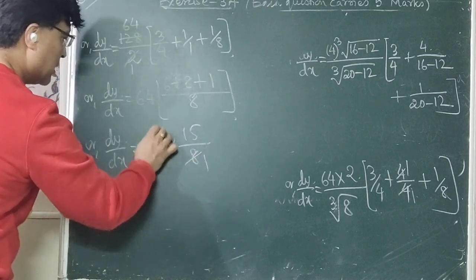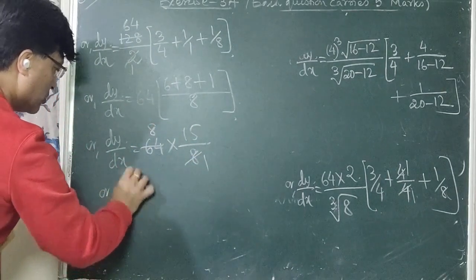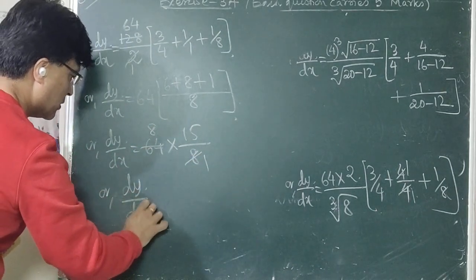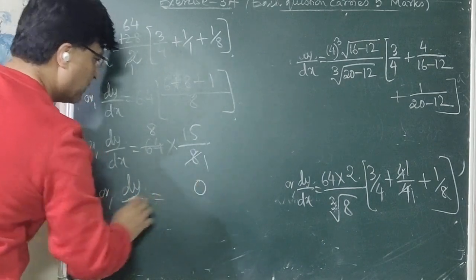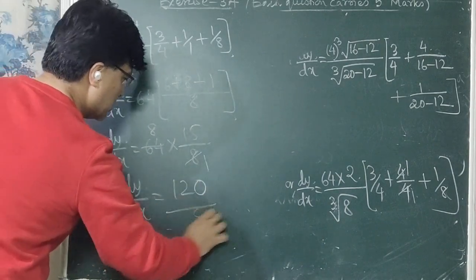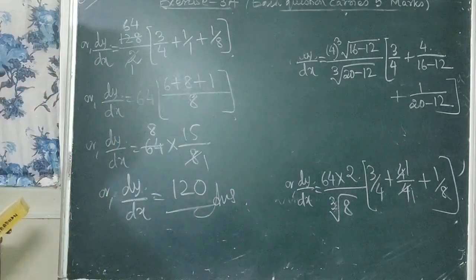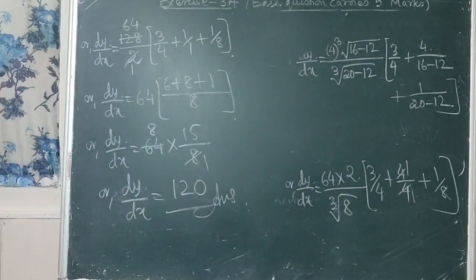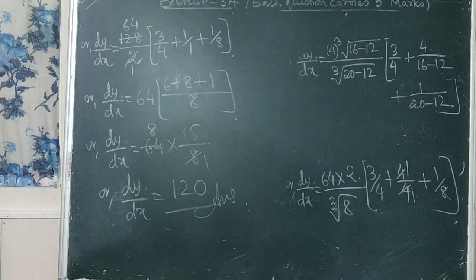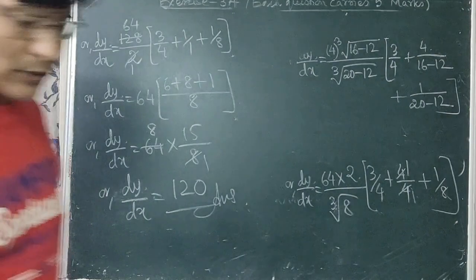So 8 ones are 8, 8 8s are 64. So dy by dx is equal to 15 8s are 120. So the answer is 120. Is that clear? So you can copy it. The answer is 120. So let's do the next question now.